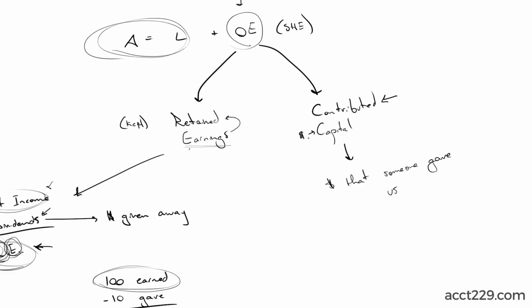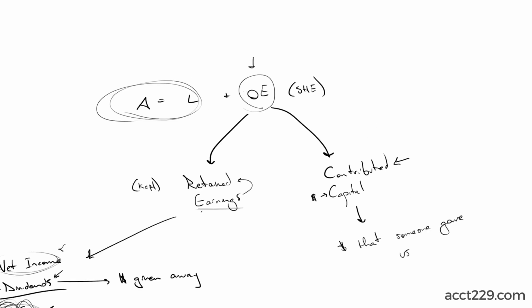And this could be given to us by the founder of the business. This could be by other people who want to buy into the business. That's why I said you can see owners or you can see shareholders' equity, because shareholders are owners of the company and the owners own shares in the company. So these two terms are interchangeable.